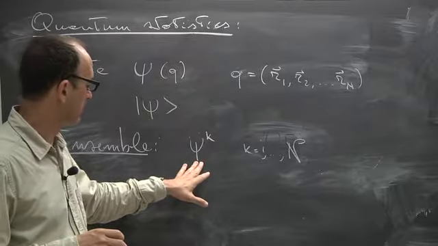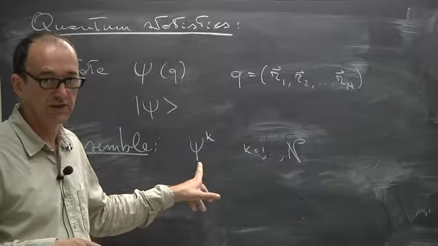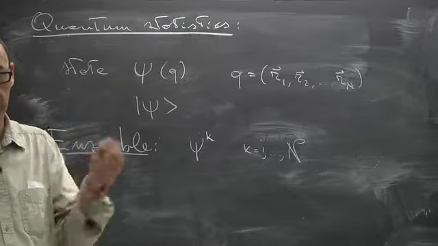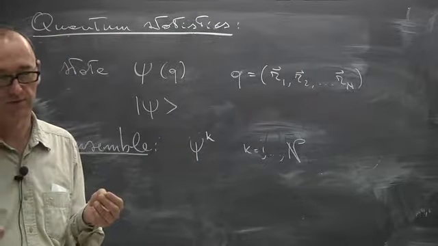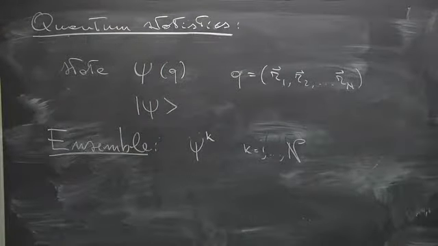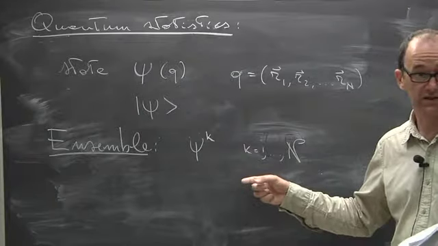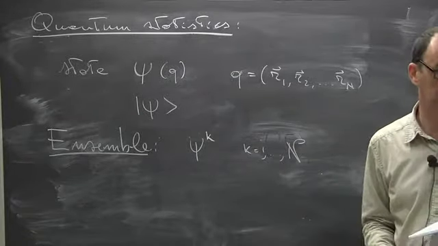But quite generally, you should think of these wave functions as the different points in phase space, and what we want to find is an analogue of the density in phase space, which is appropriate for a quantum system.